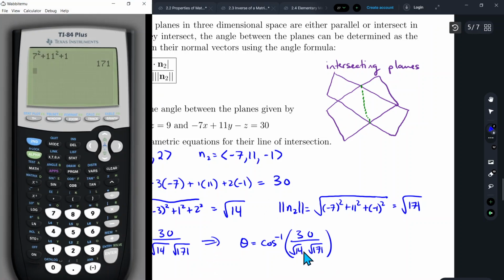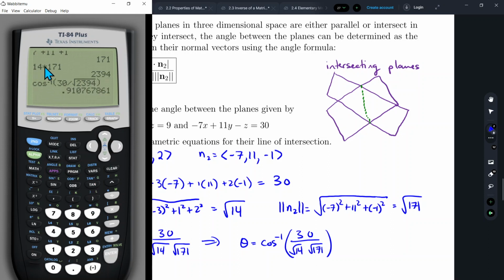Let me just quickly multiply 14 times 171 for the denominator. So that's 2394.